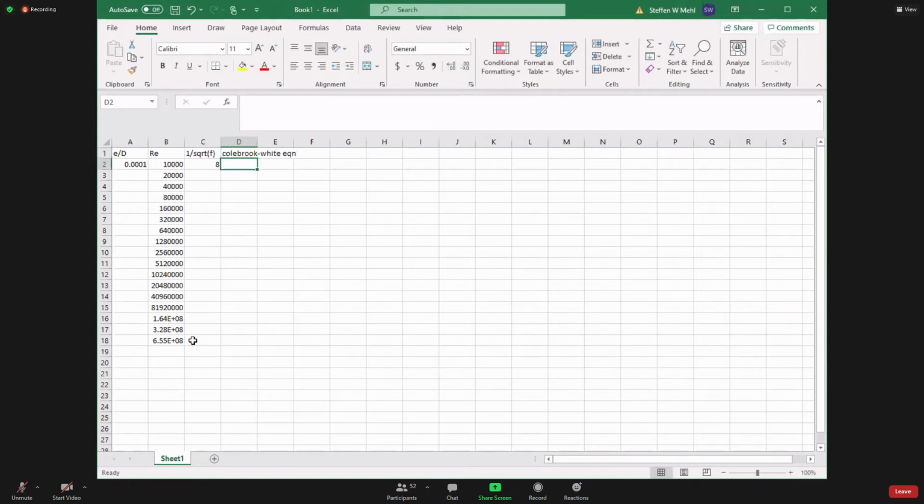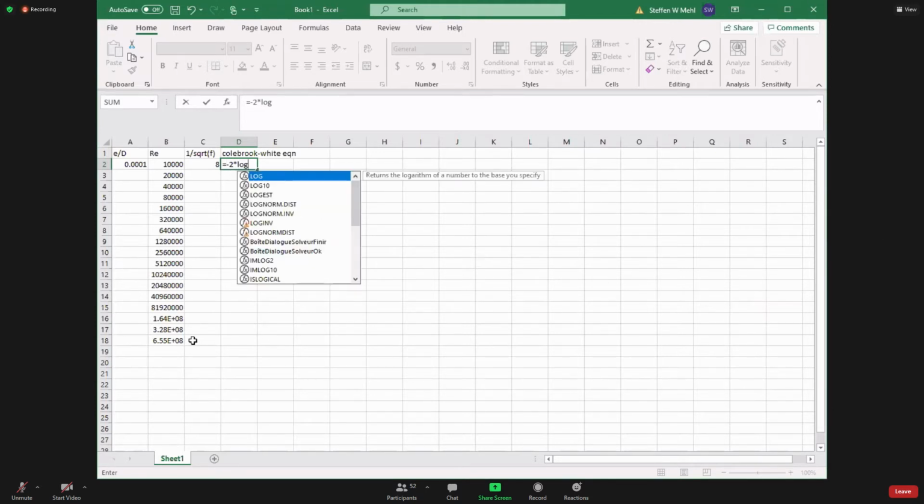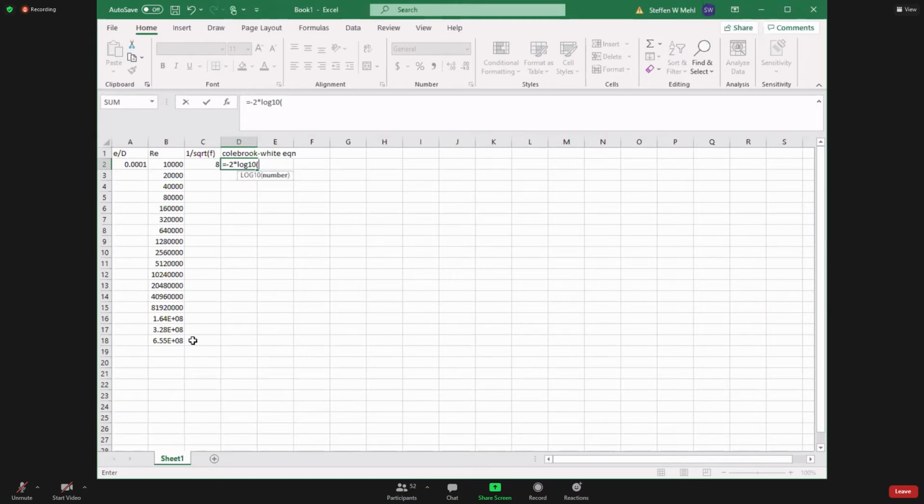If you look back at the notes, it's -2 times log base 10 of the E over D value, and I'm going to freeze that so that when I fill this down, it'll stay frozen.